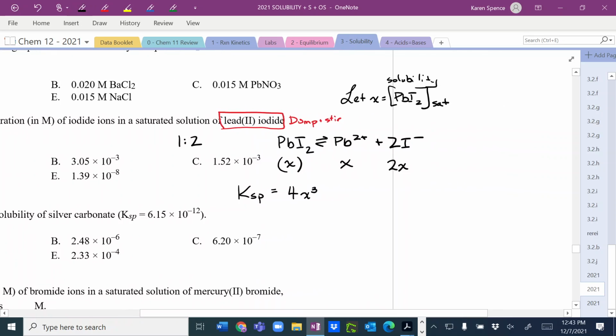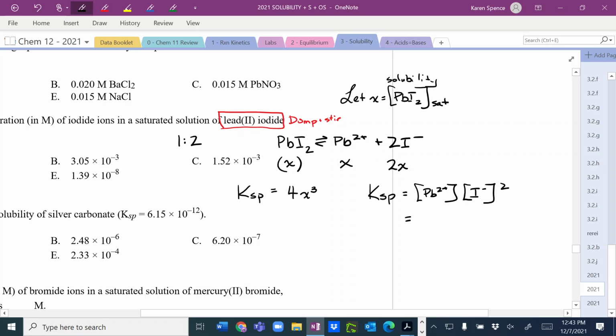If you don't know that, that's totally fine. You'll just take a little bit longer to do the question because you'll actually have to say, okay, my KSP is equal to lead times iodide squared, which is going to be x times 2x squared, which is equal to x times 2 squared is 4, x squared is x squared, which gives us 4x cubed.